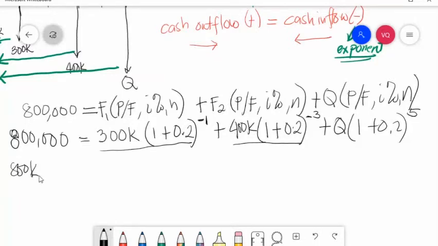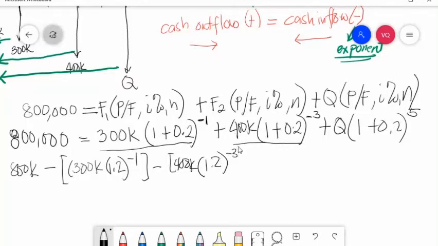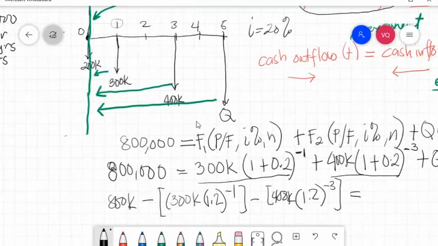So 800K minus 300K multiplied by 1.2 raised to negative 1, minus 400K times 1.2 raised to negative 3, equal to, sorry, this is negative 5 pala, because it is toward the focal date from right to left.